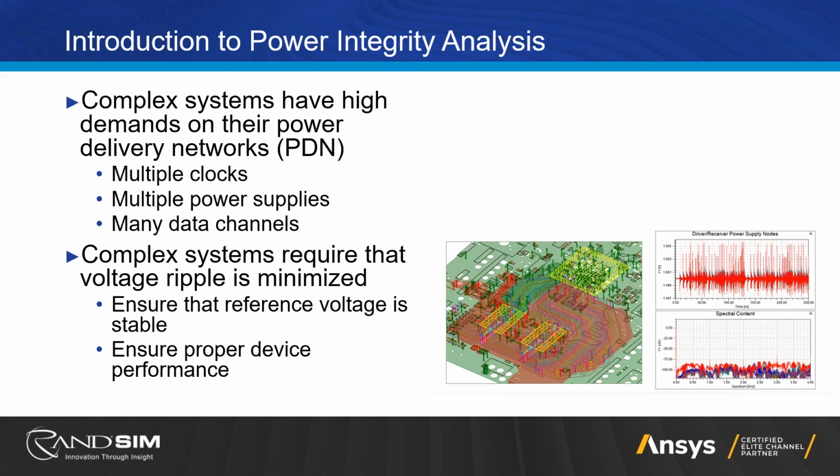Really, what we're talking about here is reducing ripple and maintaining a constant voltage to the appropriate ICs. Now, this can be a challenge, especially for a lot of new designers or people that have not looked at simulation and may just use rule-of-thumb design techniques, and they're trying to apply those to higher speed signals or more complex boards.